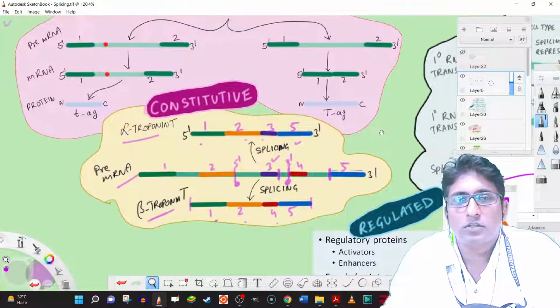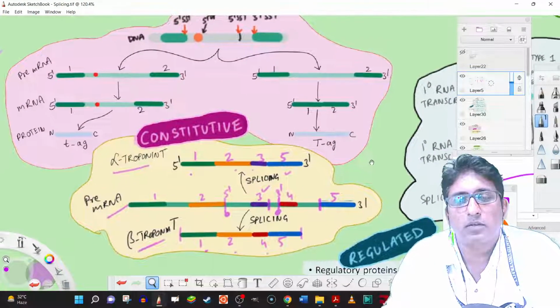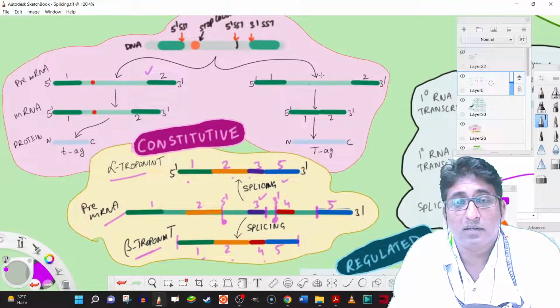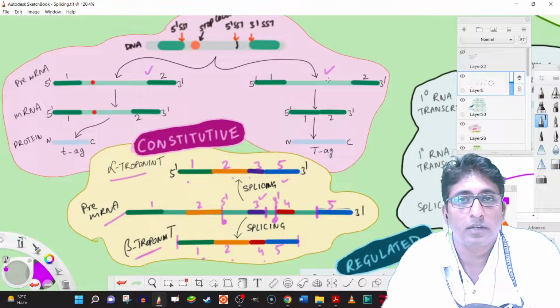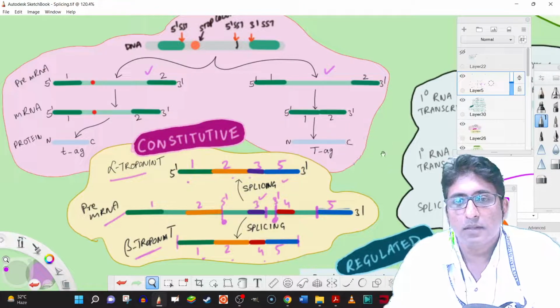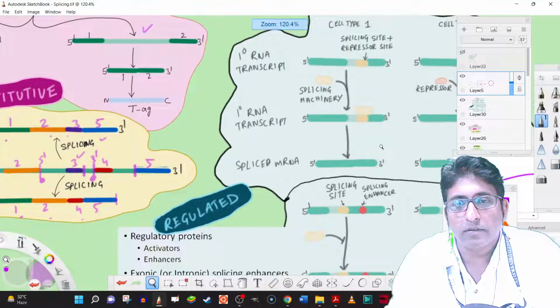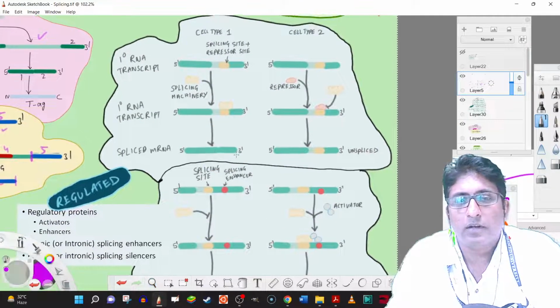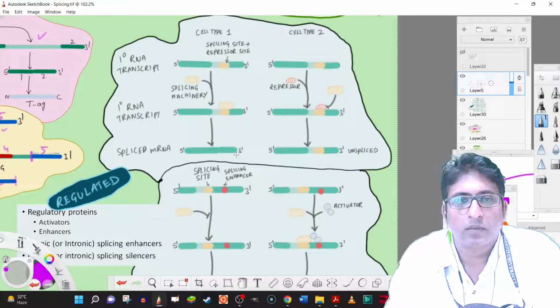So these are constitutive, because when we say constitutive, both types of alternate forms of these mRNAs are formed, and subsequently their proteins as well, in a single cell all the time. The other ones are called regulated alternative splicing.